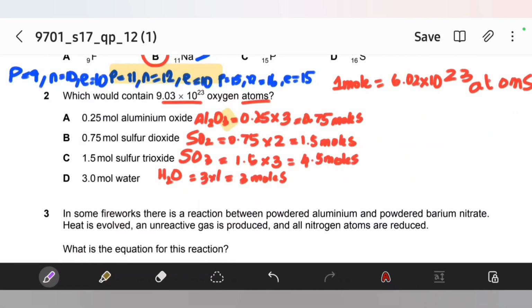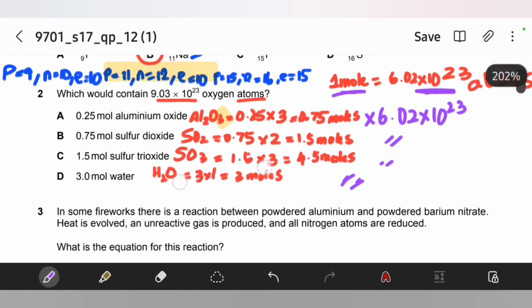Now you have got the moles. Since you know that in 1 mole there are these many atoms, in all of these moles, how many oxygen atoms will there be? So you can multiply all of these by 6.02 into 10 to the power 23, and find the answer and match it. So I'm just going to write down the answer.